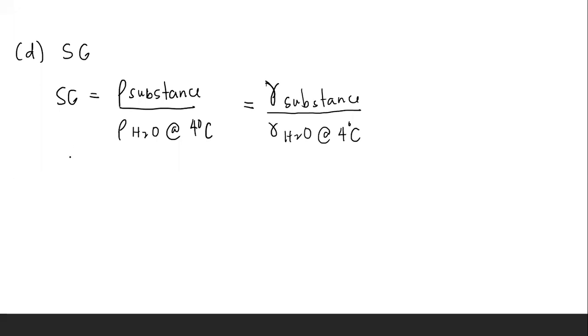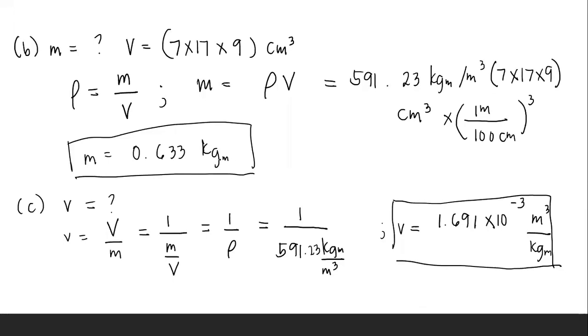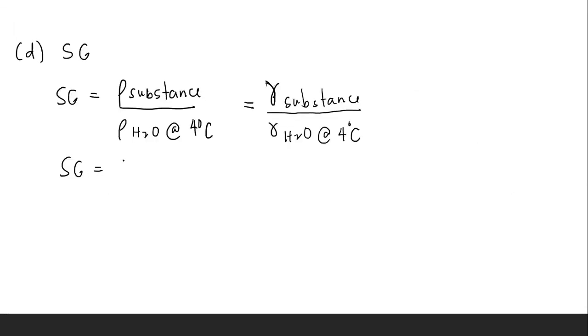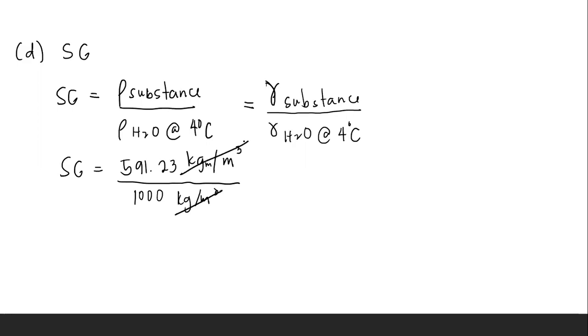The value of the density of the substance is 591.23 kilogram mass per cubic meter. Then the density of the water is 1,000 kilogram per cubic meter, a constant. So the specific gravity is equal to 0.591.